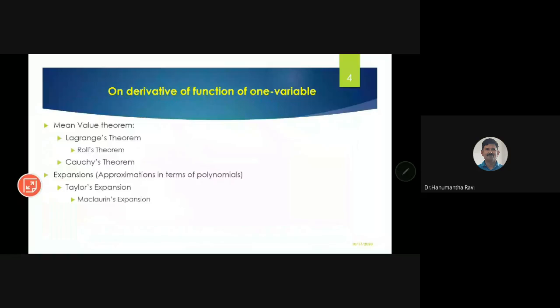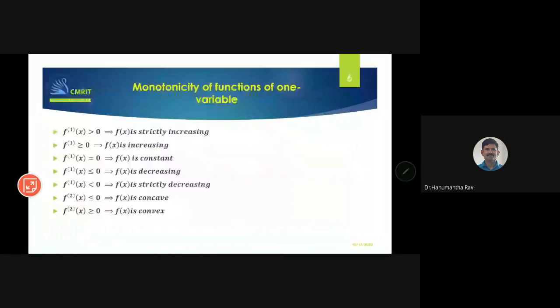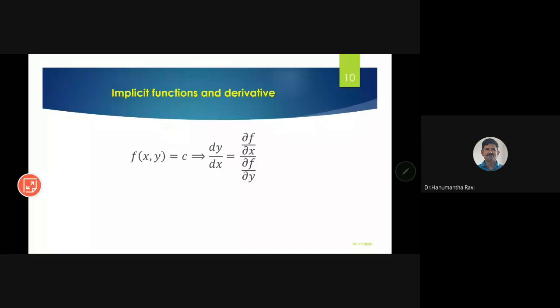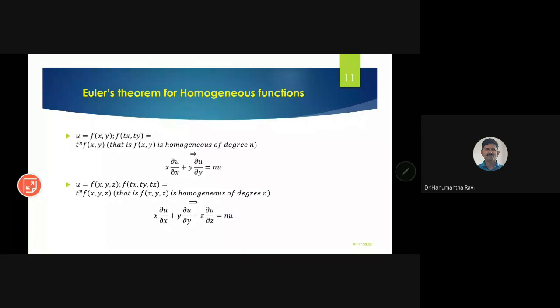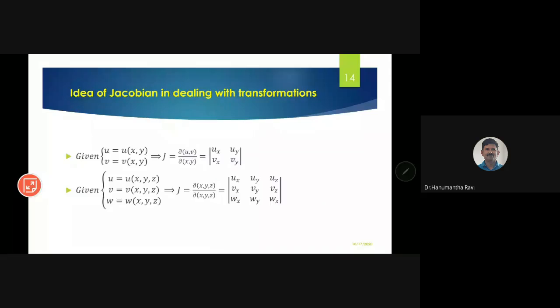See here, all these things we have discussed. Now we'll go to the idea of Jacobian in dealing with transformations. So, what is a Jacobian?